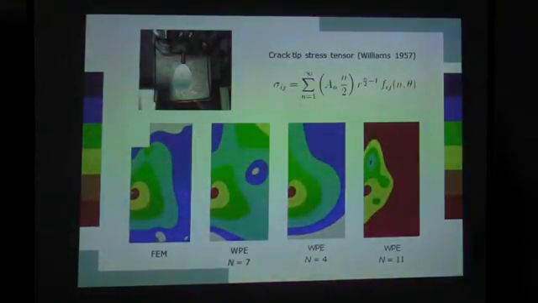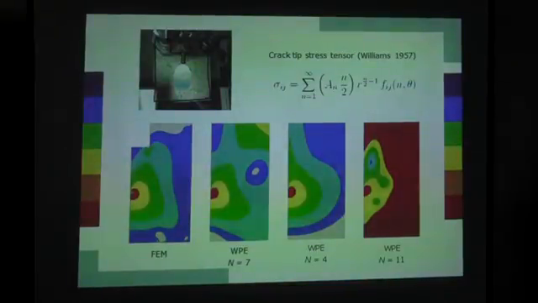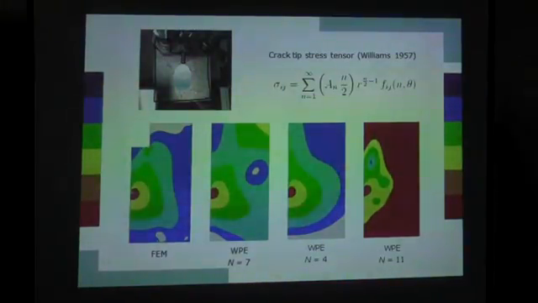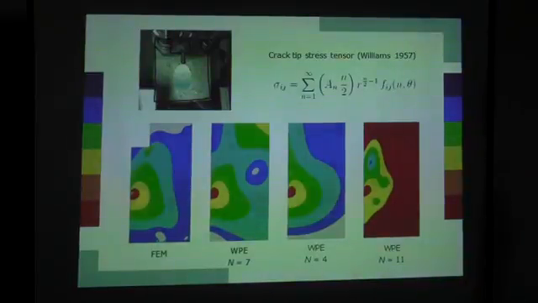And because of the nonlinear zone in such a messy material as has been said, as concrete, the nonlinear zone is very large, so we have to know the stress distribution quite accurately up to a very large distance from the crack tip.